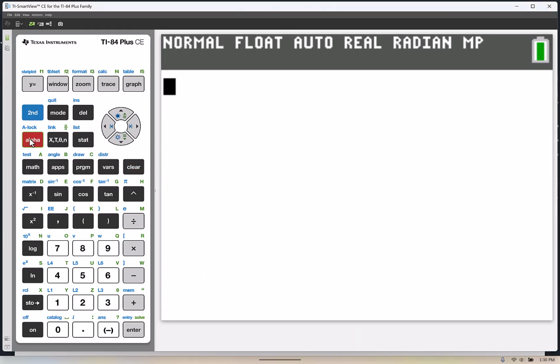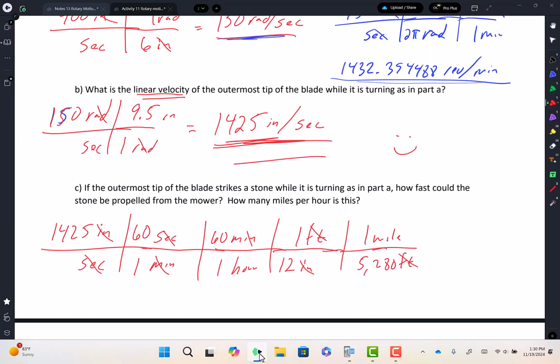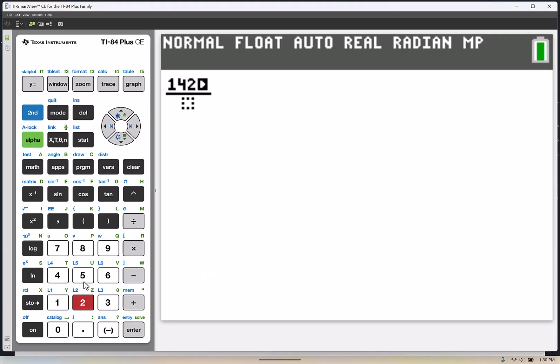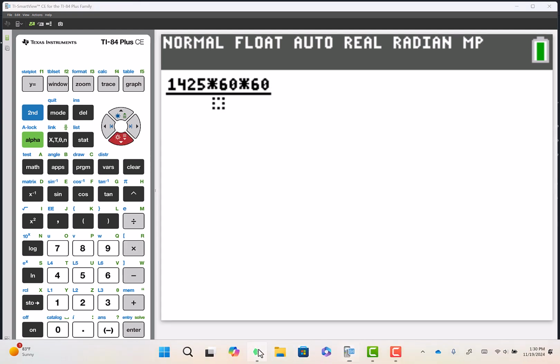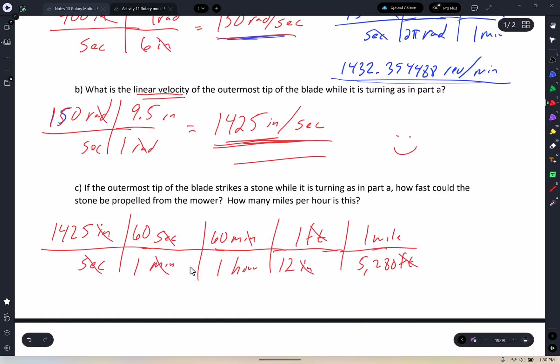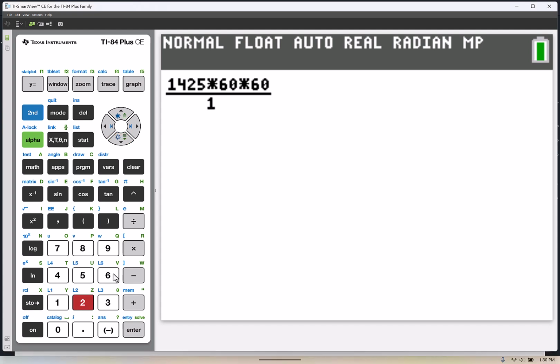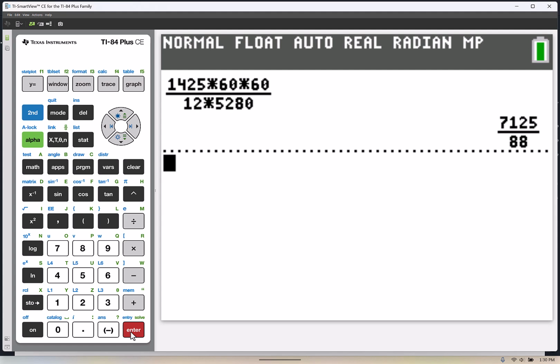Take your calculator. Go alpha y equals enter, and then type it in. So 1425 times 60 times 60. And on the bottom, we're going to go 12 times 5280. And look, oh, okay.